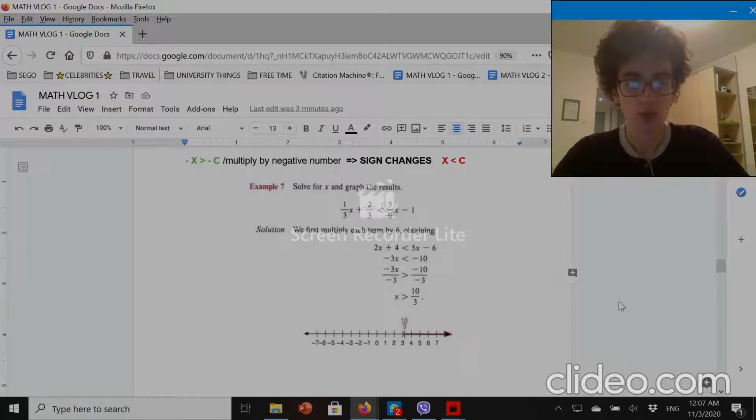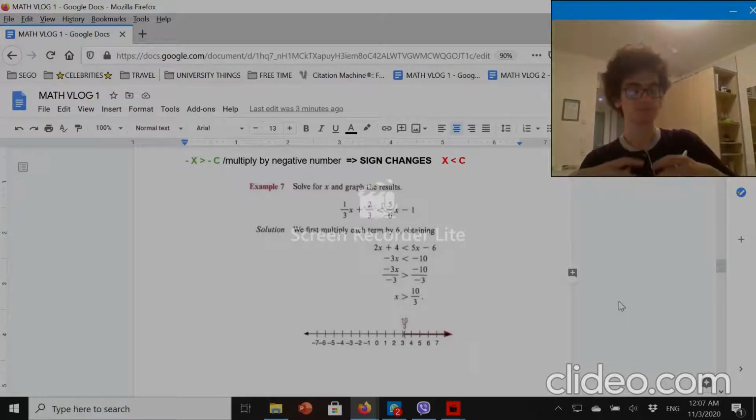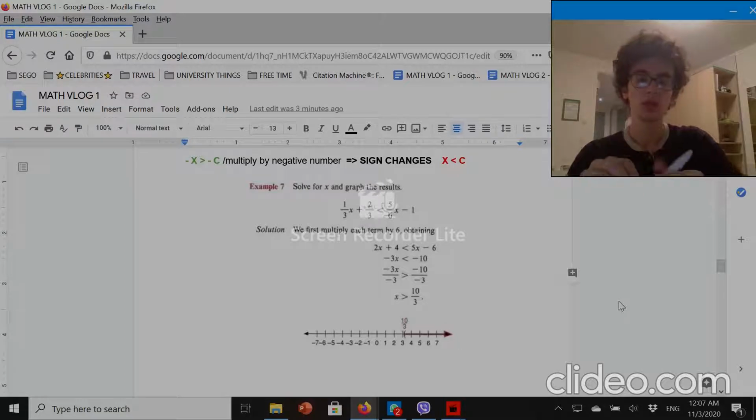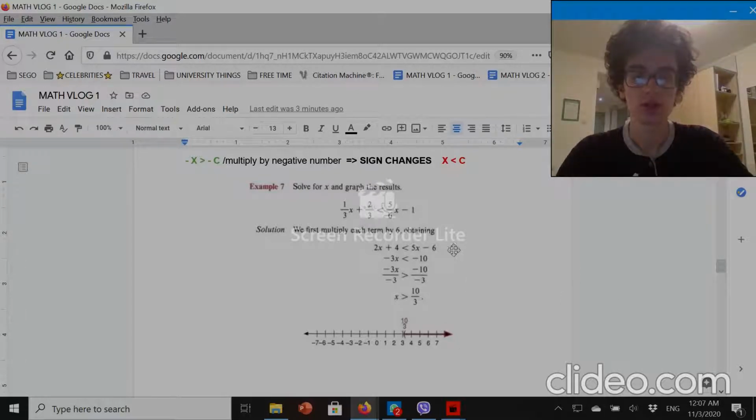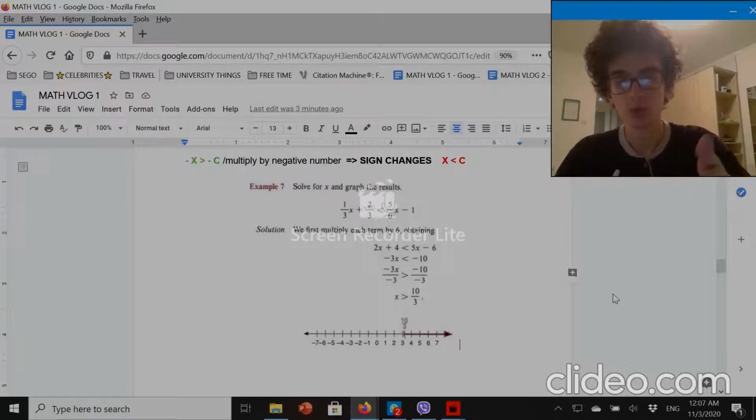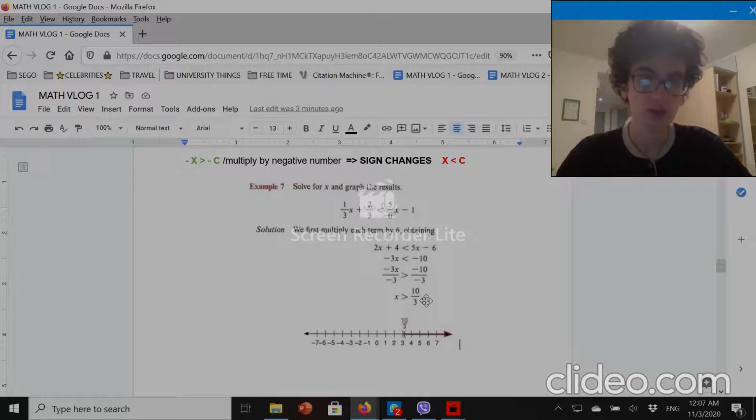And now when we want to solve it, when we want to combine them, we would first write minus 5, so that we lose 5x on this side, and we would also write minus 4, so that we lose 4 on this side, and the solution for that would be negative 3x being less than negative 10.